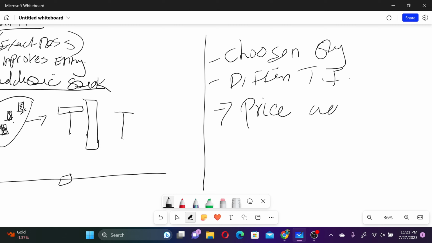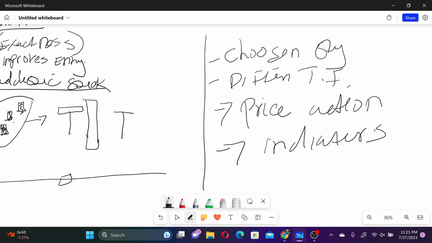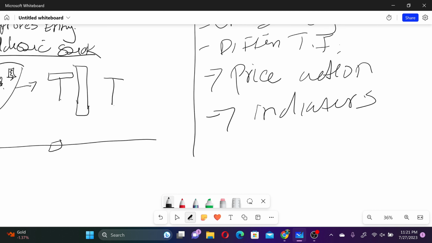Price action combines the chart patterns and the candlestick patterns. Indicators, okay, indicators. And also on price action we have two of them, that is candlestick pattern, candle and chart. I want you to understand that, and that is the thing that you do over here.